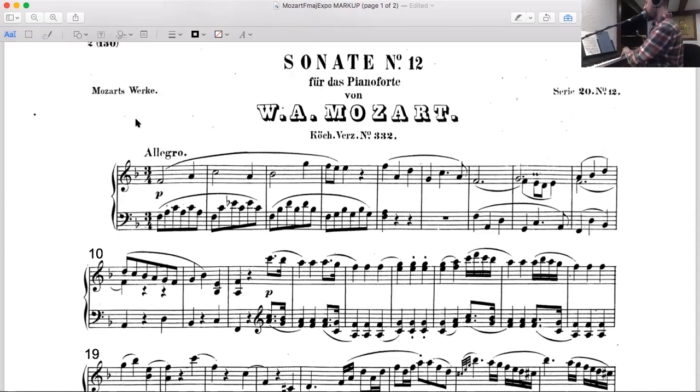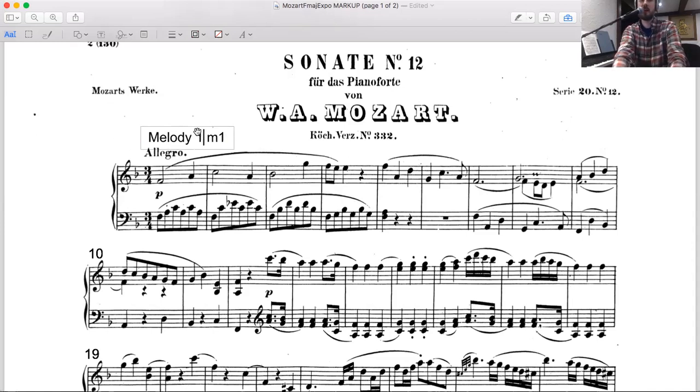So let's see what he follows it up with. This is clearly a whole different idea. So we have melody number 1, which is measure 1.